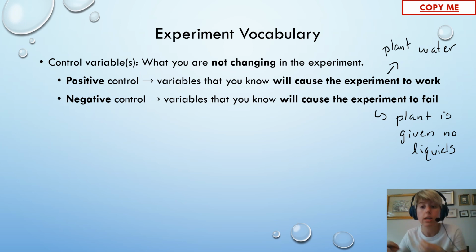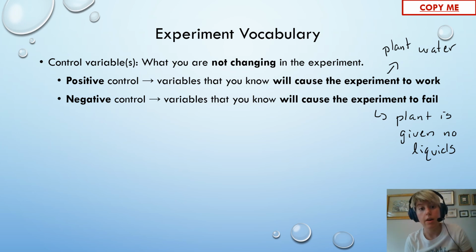I should expect the plant to die. So depending on the experiment, you might have positive controls where you know this is the base minimum and I know that my experiment is going to work with the base minimum, and you're using that to compare to see if whatever you are changing will cause the experiment to perform better or to perform worse.